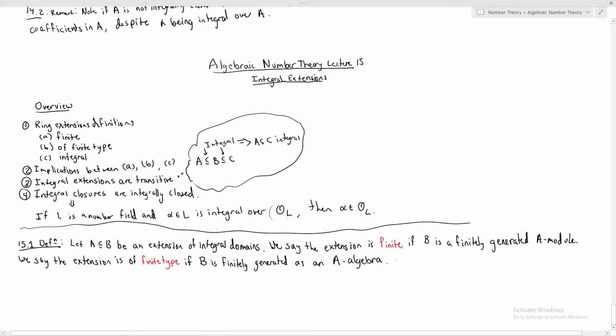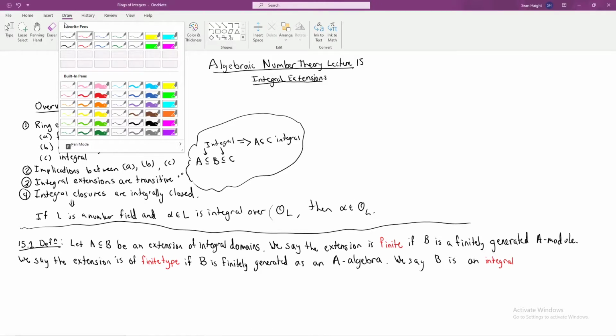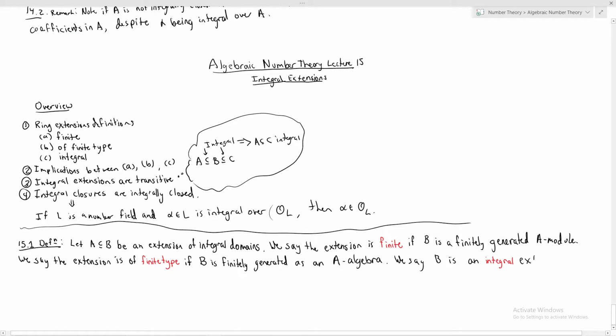And finally, we say B is an integral extension of A if every element of B is integral over A. Okay, so these are the three things.